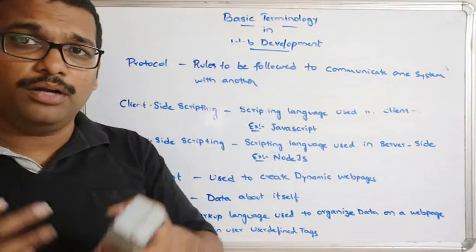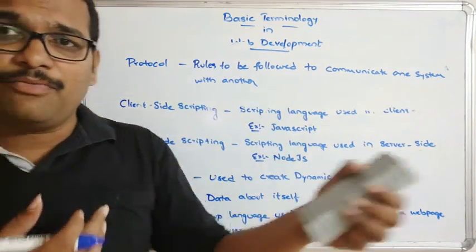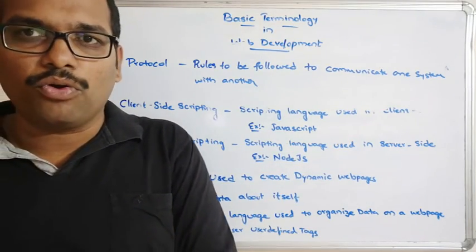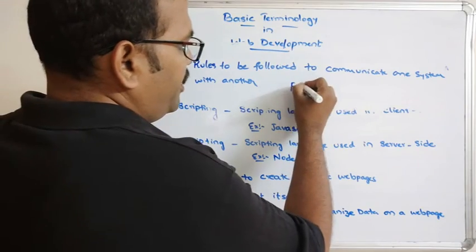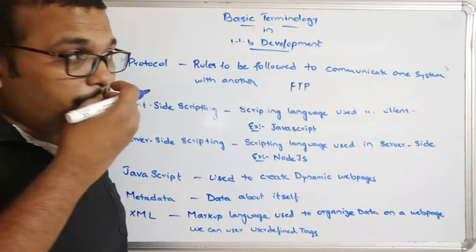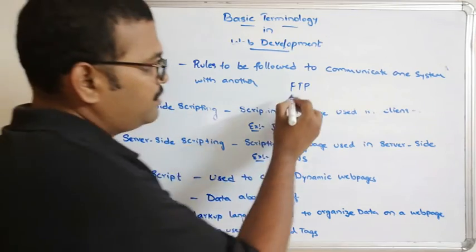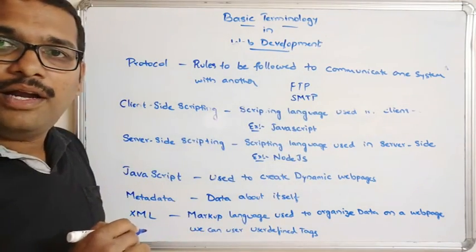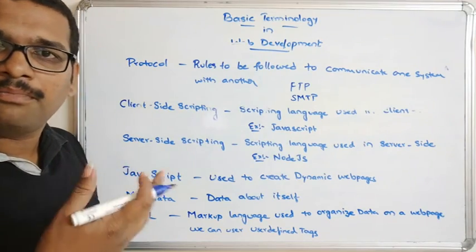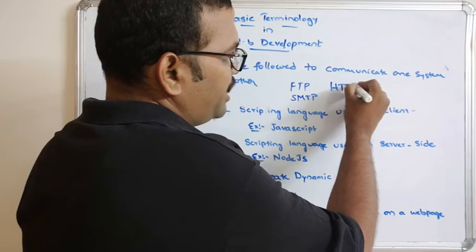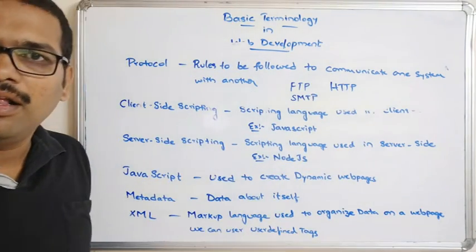So rules to be followed to communicate one system with another. So for example, if you want to exchange some files, we are going to use some file transfer protocol, FTP, file transfer protocol. Okay, if you want to exchange mails, then SMTP, right? If you want to transfer web pages, that is nothing but HTTP, hypertext transfer protocol, HTTP.